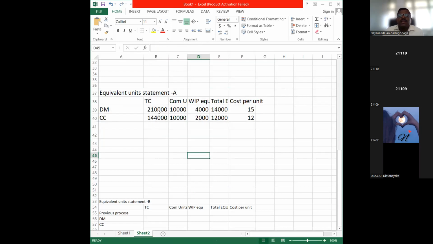And in the question, the total cost of direct material and total cost of conversion is given. Completed units also given. WIP equivalent, I took 4,000 because materials are entered at the beginning of the period. Since the beginning, material-wise 100% completed. But conversion cost, it says uniformly.